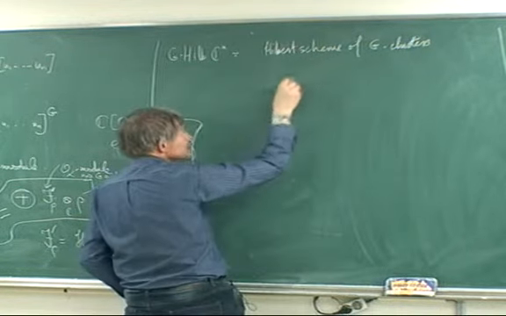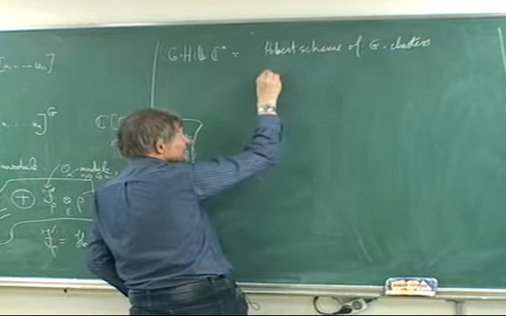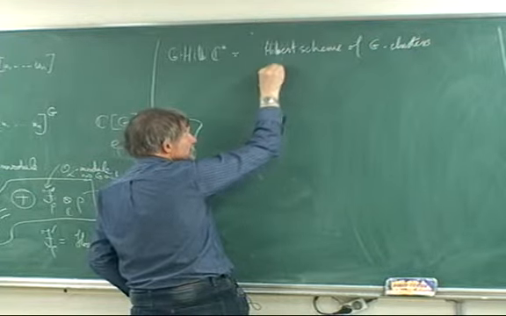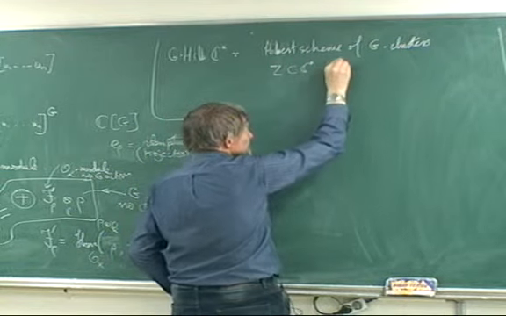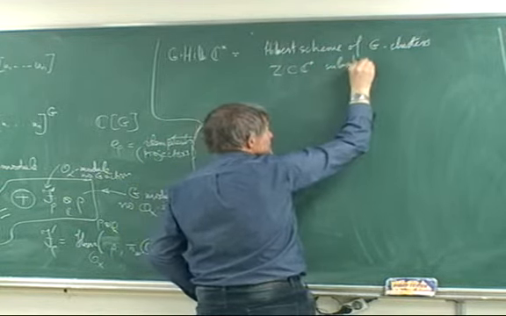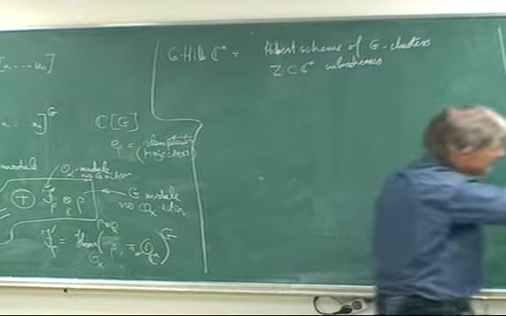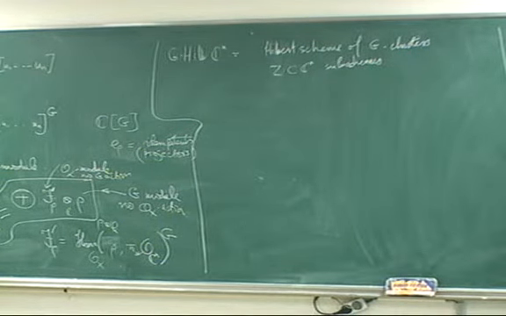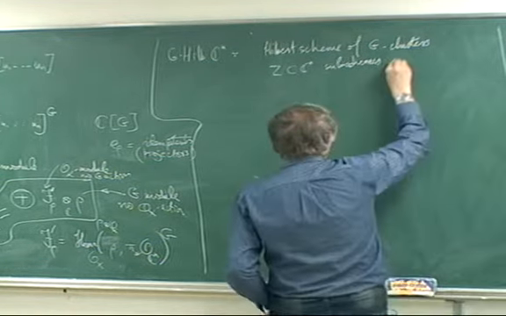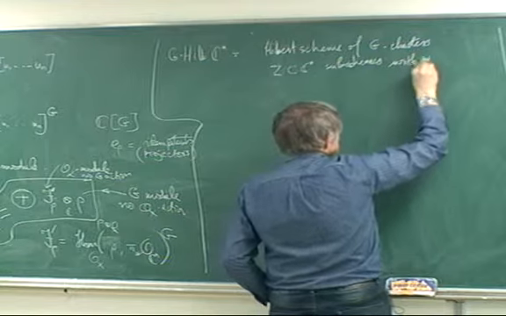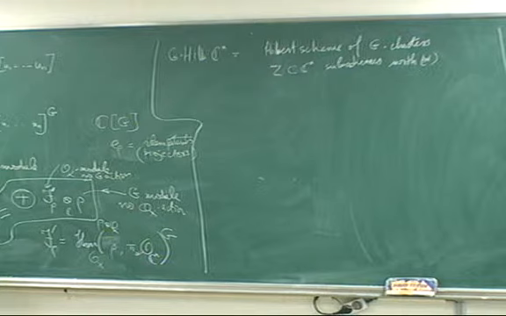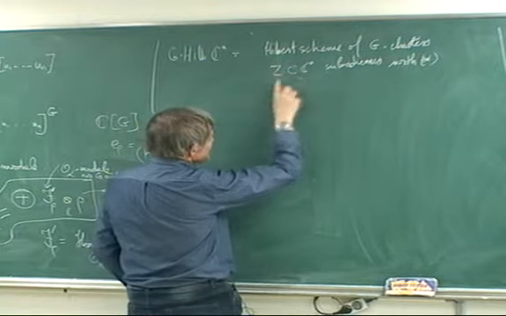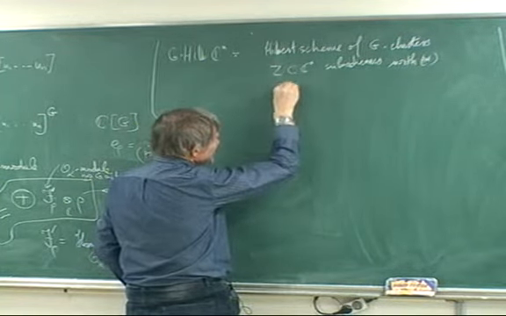So as a set, it's the set of subschemes Z in Cn with the properties I had here, with property star. So this means that they're invariant under G, and another way of saying this is it's an ideal sheaf.